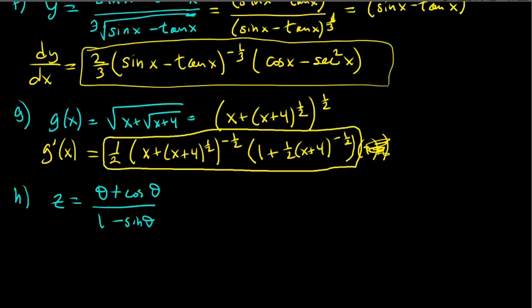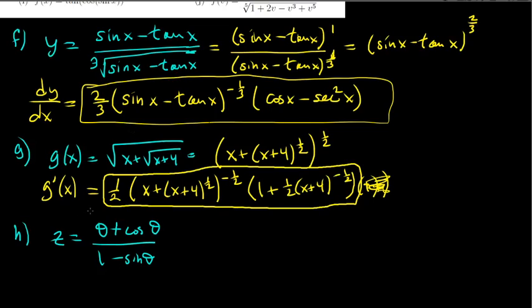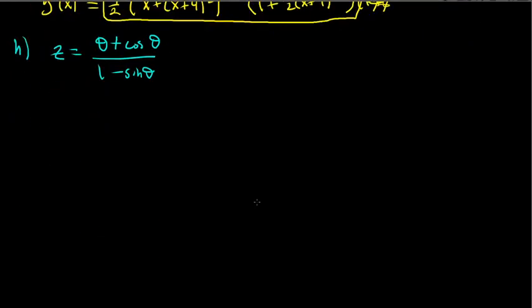Okay. So unlike part F, because it looks a little similar to F, except these are not the same. So not much we can do to simplify this. Okay, so let's just take the derivative with respect to theta.